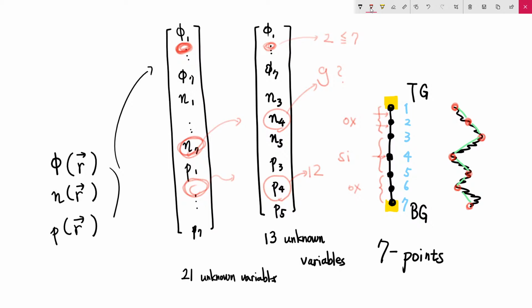So up to now, I have shown you that in order to have a certain efficient implementation to reduce the size of an unknown variable vector, we have to consider how we assign our defined unknown quantities into the unknown variable vector. So that is not a trivial job. So you have to consider it seriously.